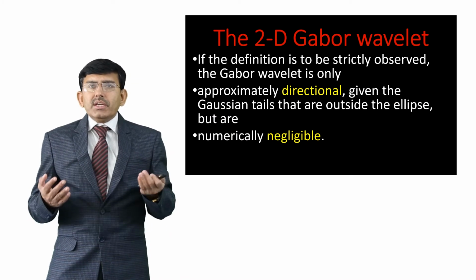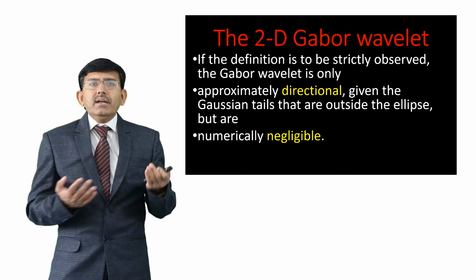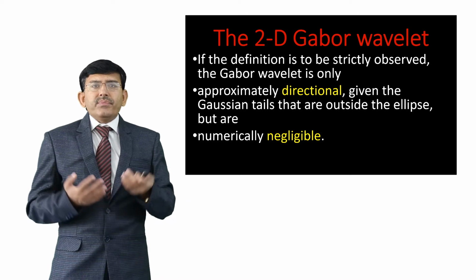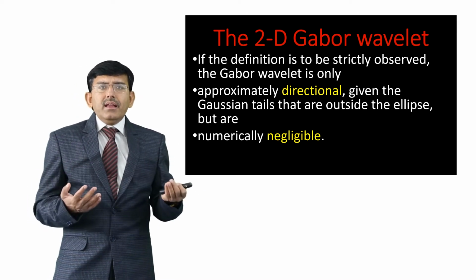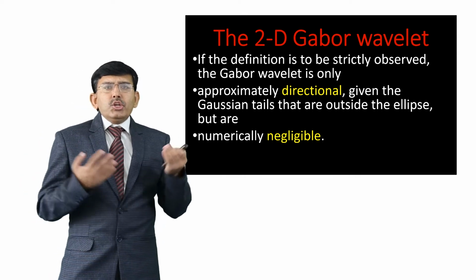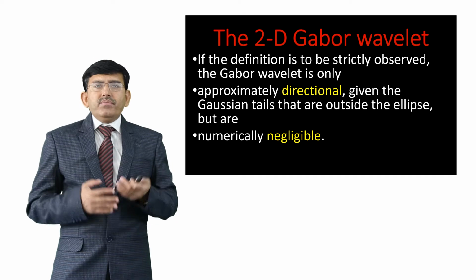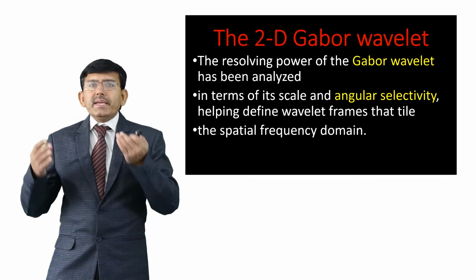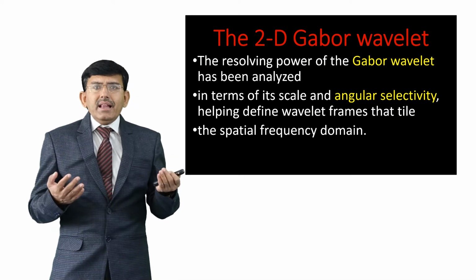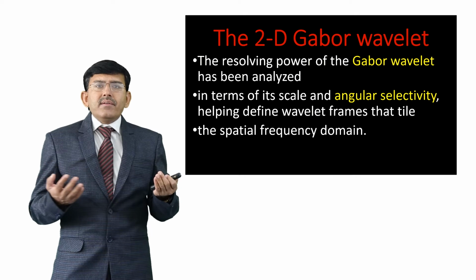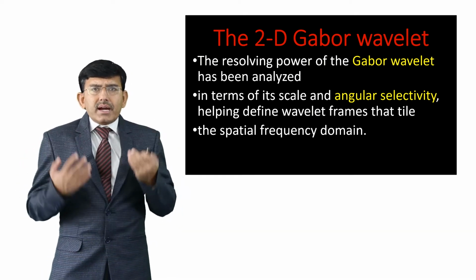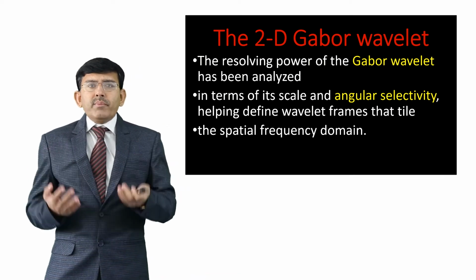If the definition is to be strictly observed, the Gabor wavelet is only approximately directional, given the Gaussian tails that are outside the ellipse but are numerically negligible. The resolving power of the Gabor wavelet has been analyzed in terms of its scale and angular selectivity, helping define wavelet frames that tile the spatial frequency domain.